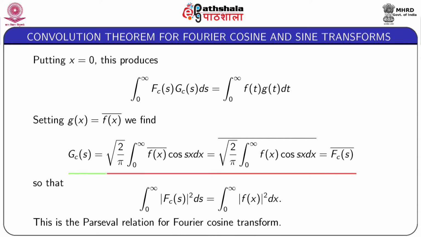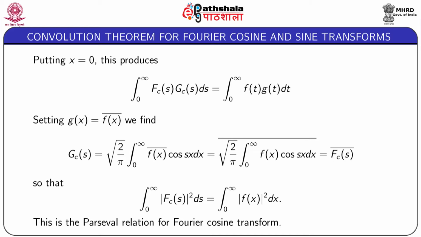This is equal to root over 2 by pi integral 0 to infinity, instead of g(x) we substitute f bar(x), into cos sx dx. So this gives root over 2 by pi integral 0 to infinity f(x) cos sx dx whole bar, that means the complex conjugate of the whole integral, and that gives the complex conjugate of capital Fcs, that means the complex conjugate of the Fourier cosine transform of small f(x).